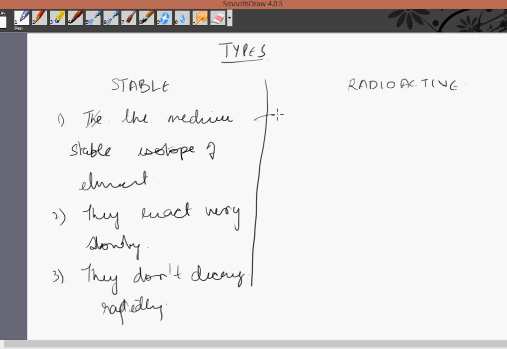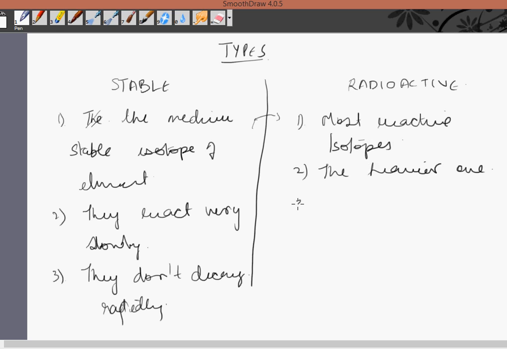If we give the contrast with the radioactive, they are the most reactive isotopes, and they are the heavier ones. Third, they decay rapidly.